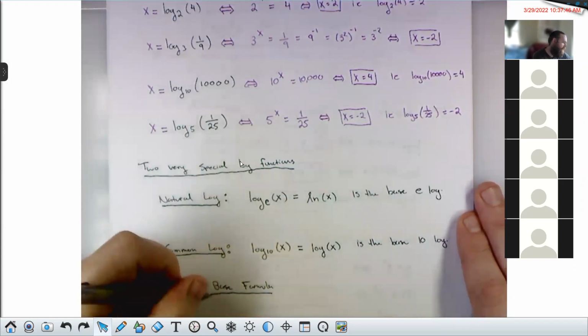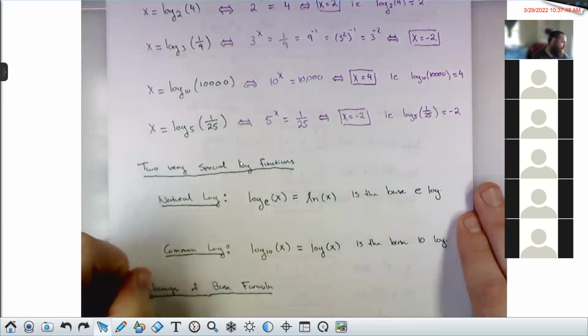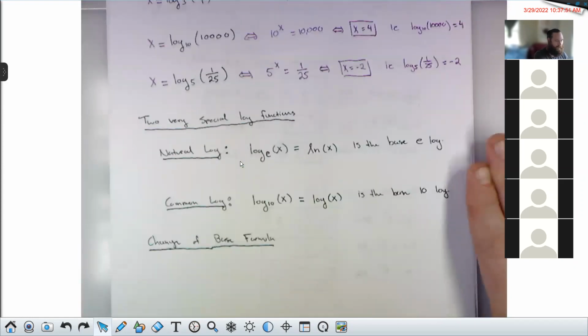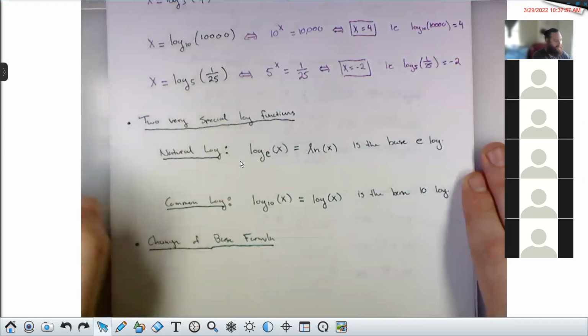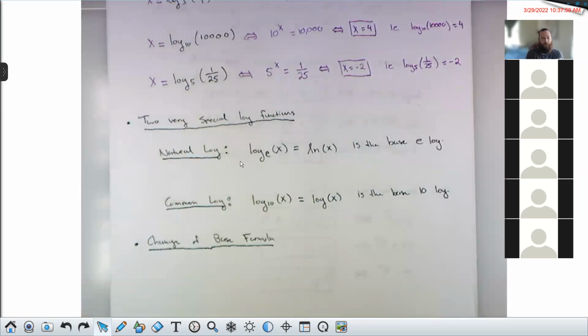Some calculators do have like an arbitrary log base button, like log base, whatever. But for the most part, you're going to have to translate base 2 logs or base 5 logs or whatever into natural logs or common logs in order to manipulate them in your calculator.